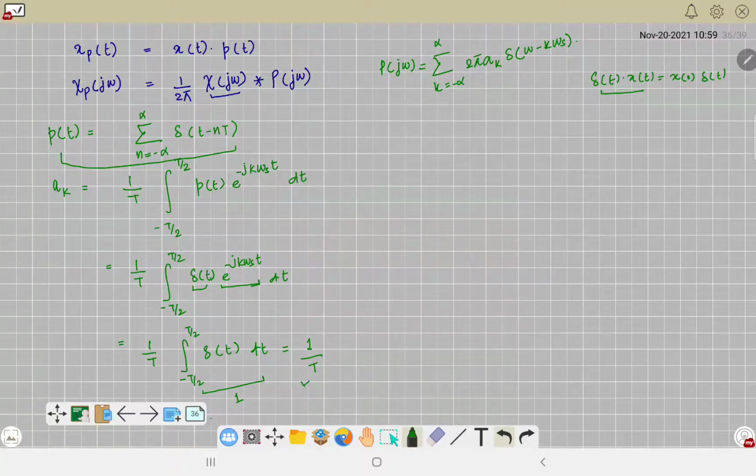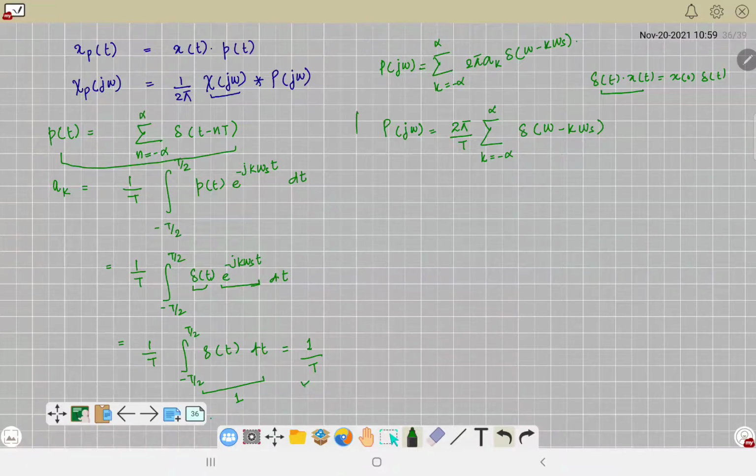So if I make this substitution, my P of j omega will be 2 pi by t, taking it outside, because a k is 1 by t, and internally we will have the summation k equal to minus infinity to plus infinity of delta of omega minus k omega s.